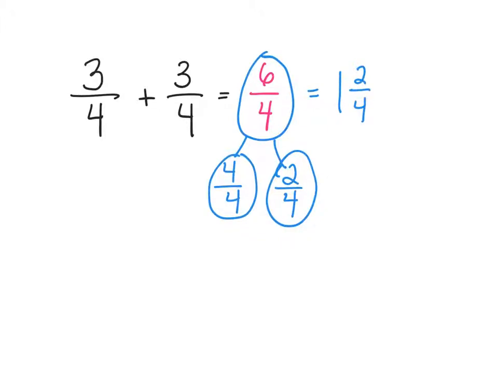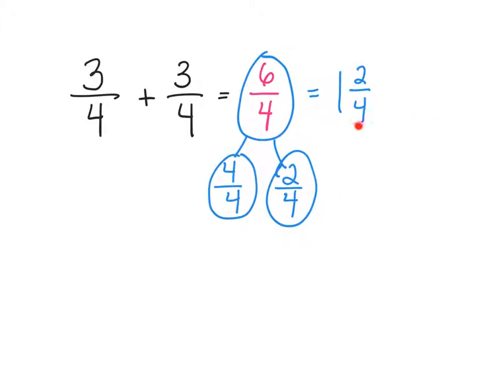And after we get our answer in a fraction problem, you should always stop and ask yourself, is this fraction in simplest form? Do the numerator and the denominator have a greatest common factor that I can divide the top and the bottom by to go smaller, maybe to get to that 1 in the numerator if possible?